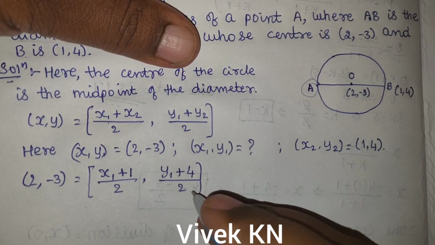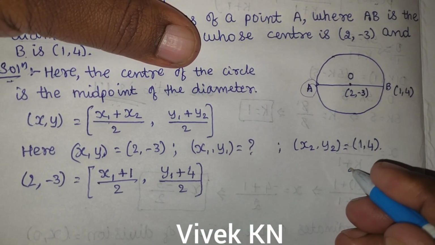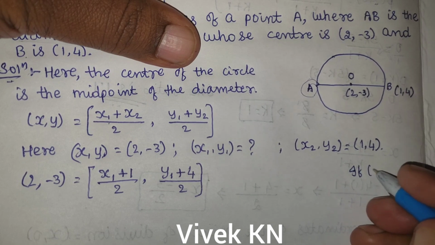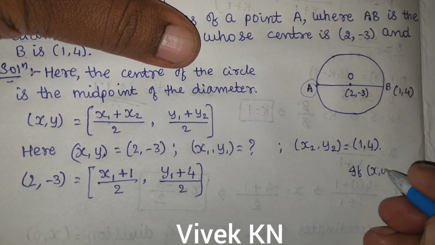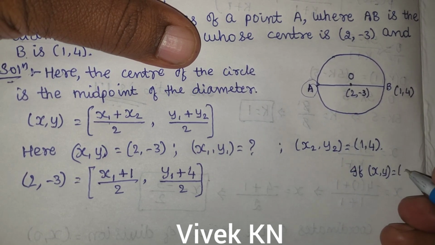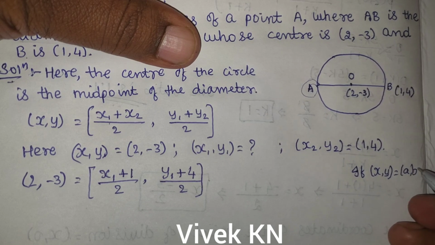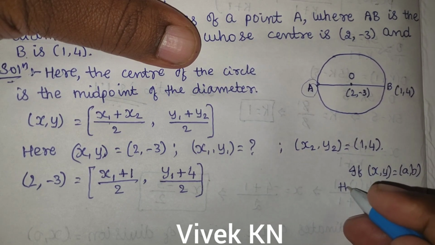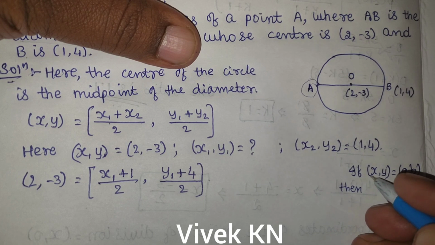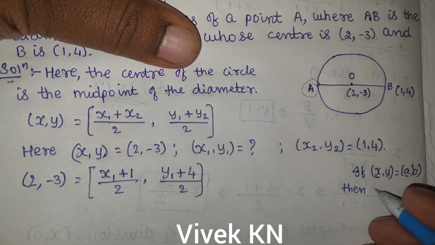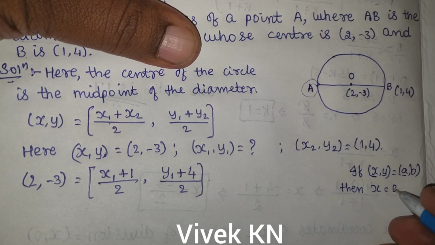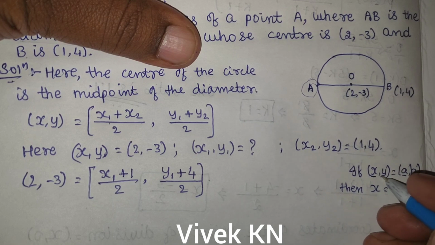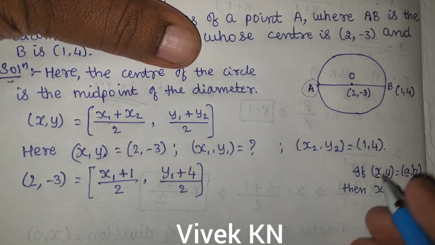Now here we have to recall that if (x, y) is equal to (a, b), then x is equal to a and y must be equal to b.